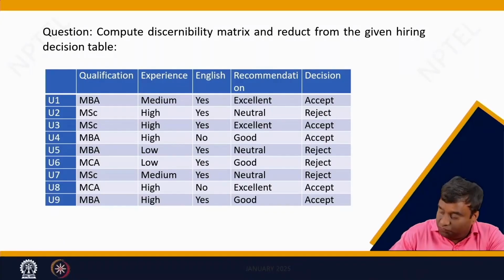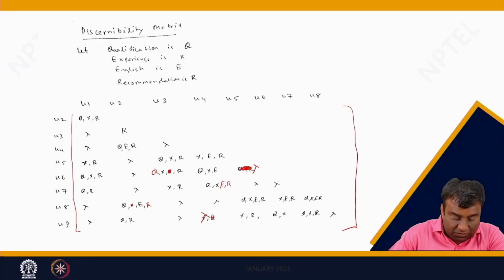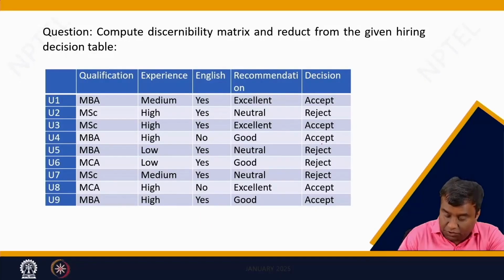Now check the next one, U5 to U2. The decision is same, so that should be lambda. Now U5 to U3, the decision is not same.